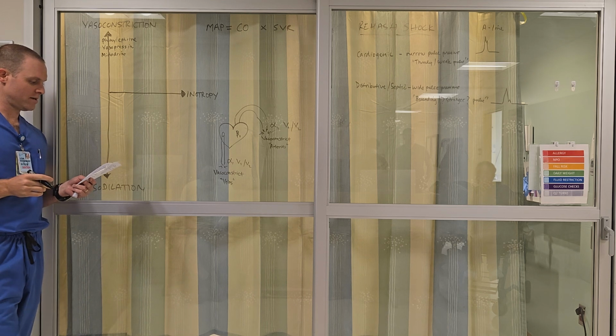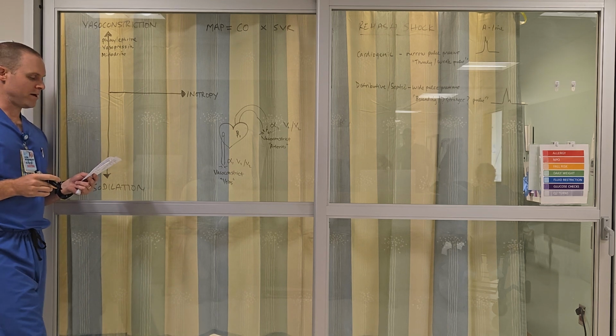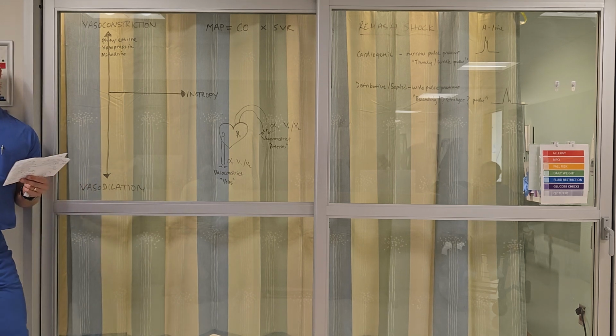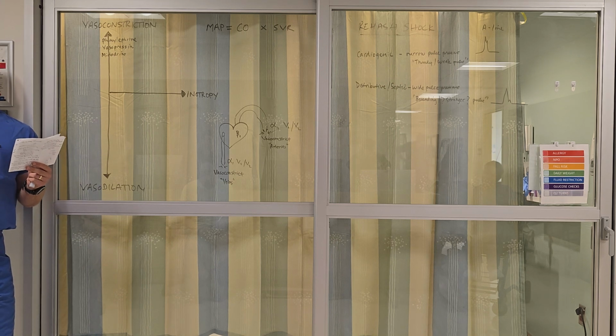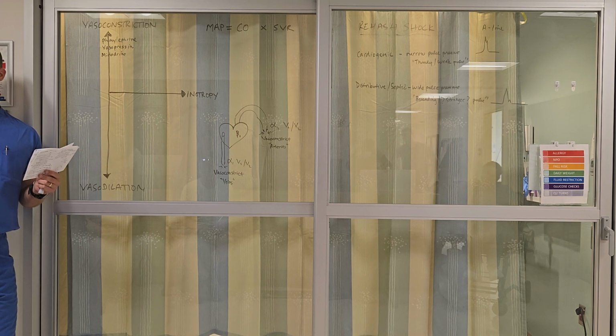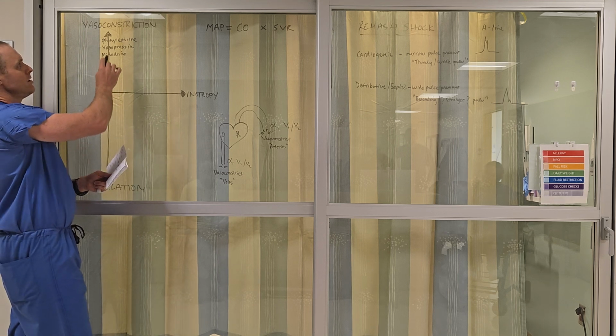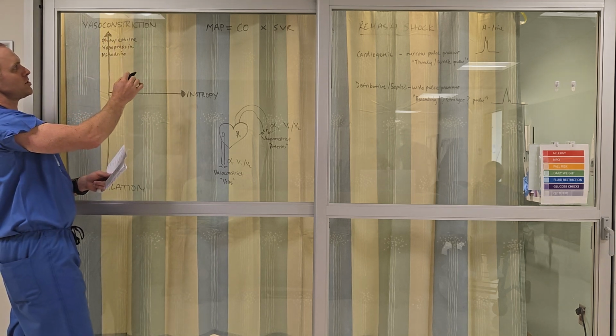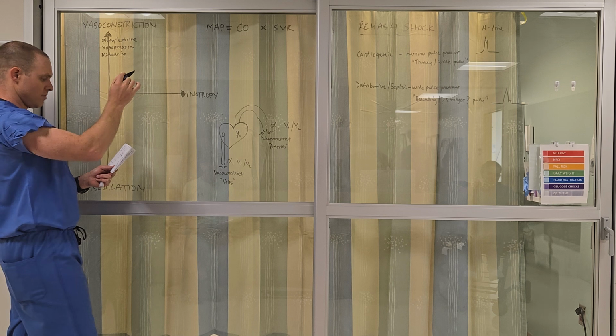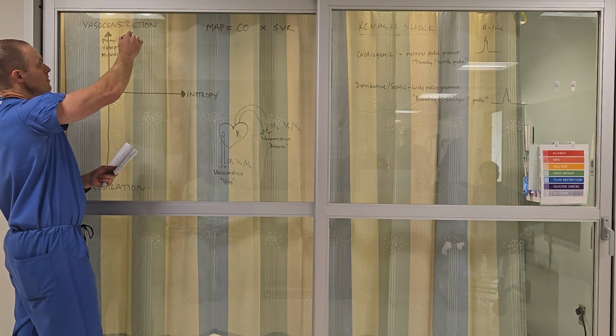So midodrine's in that boat. What's our big gun that we use all the time, first line typically? Levophed, norepinephrine, okay? So norepinephrine, we've gone from pure vasoconstriction to norepinephrine sits more here.